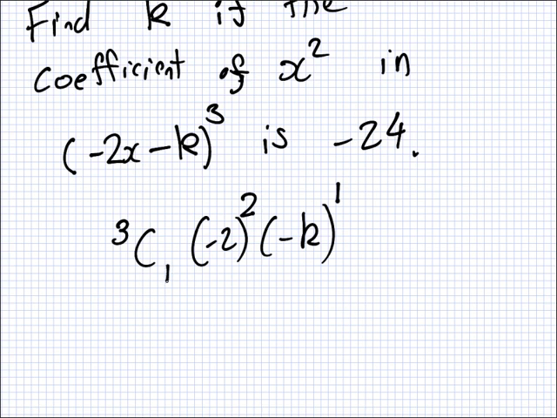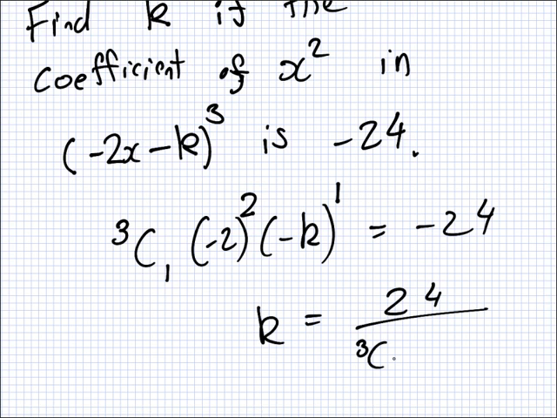So that's the coefficient of x squared. And what should that equal? Minus 24. So with just a little bit of rearranging, you can get k is 24 over 3c1 times minus 2 squared. So that's 3 times, so this will be 2 then, in the end.